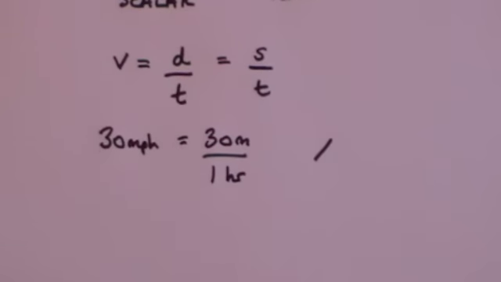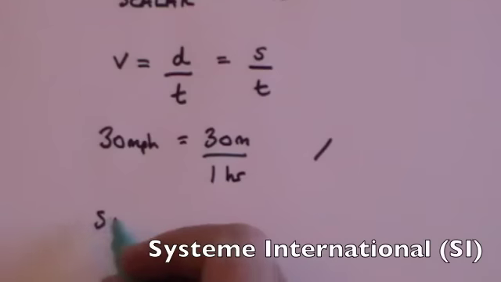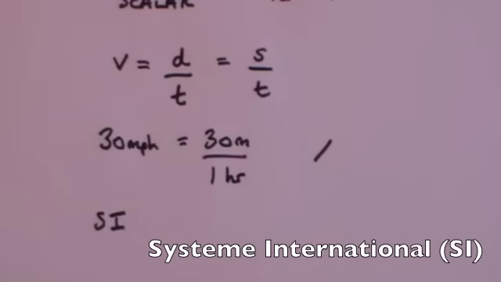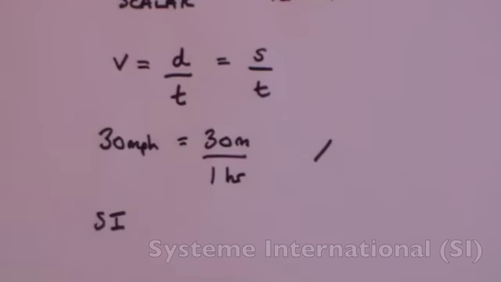Now we use what is called the Système International form of units. This means that we always use the same units, so we never get the wrong values because we're using different units. You can't, for example, mix miles and kilometres. You'll get into a terrible state if you do that.